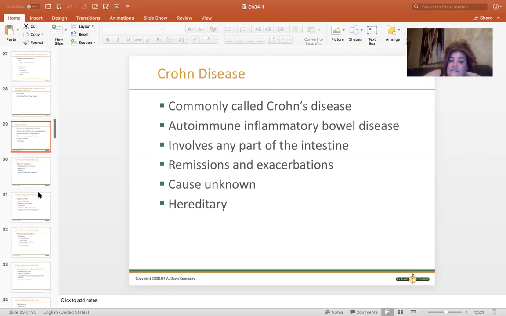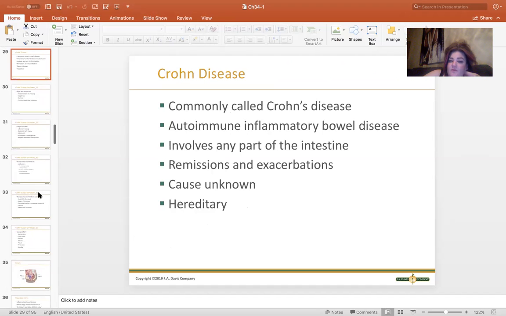Crohn's disease is something that we've probably heard the name of, but may not know as much about. I think it's good to have an idea of what it is.